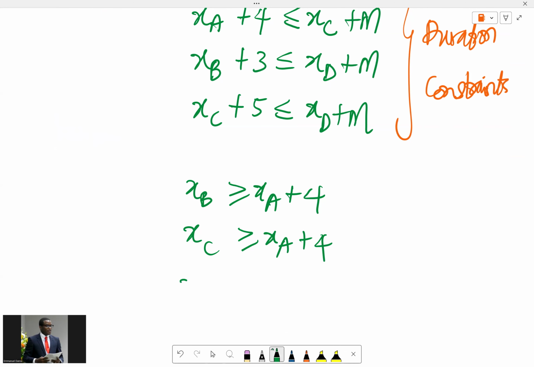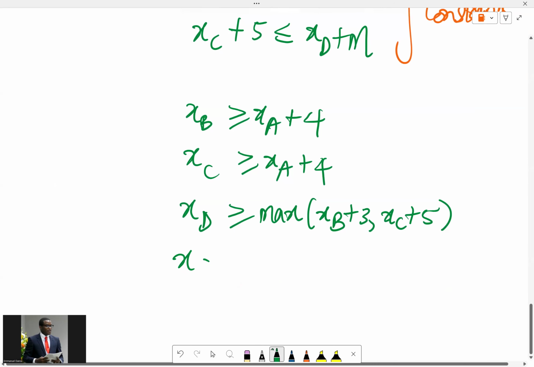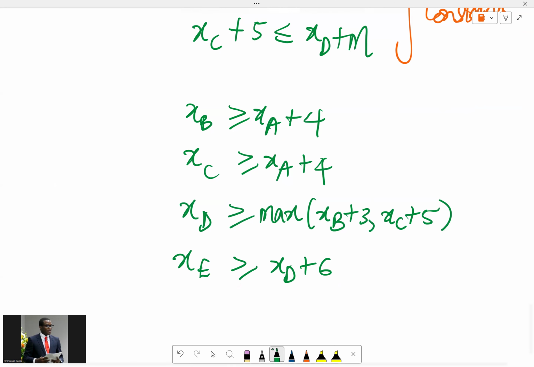Then same, you can only start task D after the maximum time it will take to complete XB plus 3 and XC plus 5, because D depends on both B and C. Then you have XE greater than or equal to XD plus 6. So these are the precedence constraints.